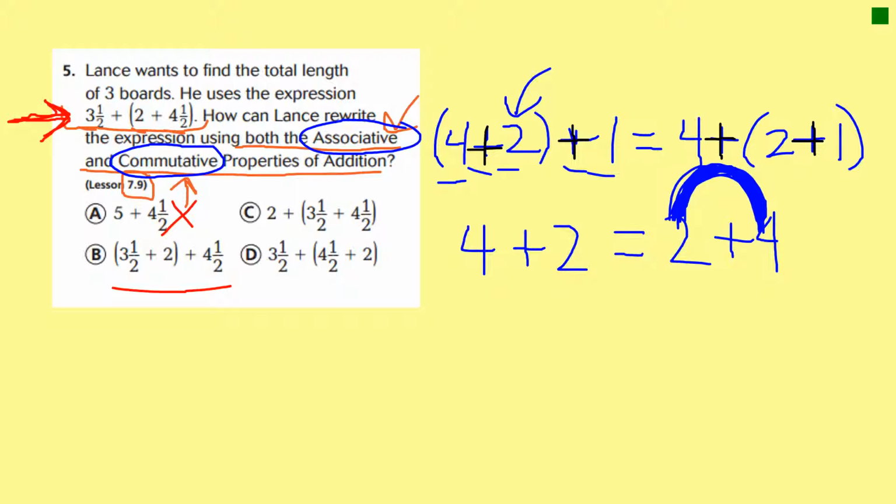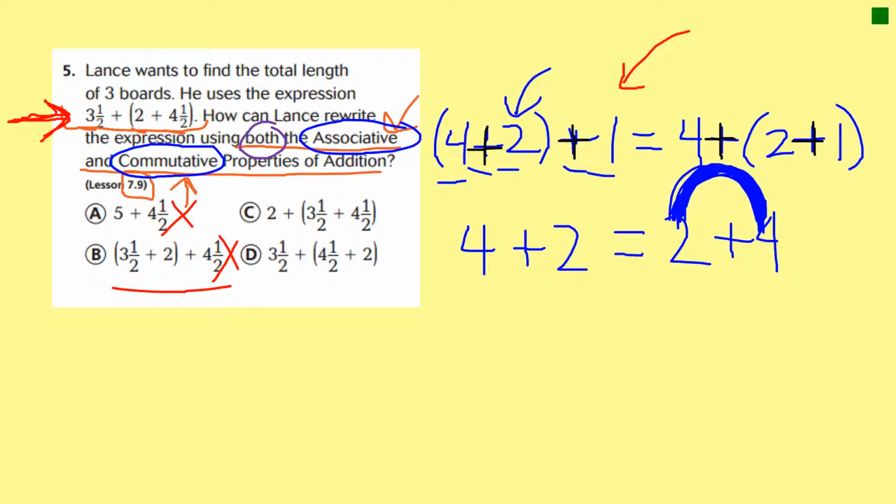Well, they moved the parentheses, didn't they, boys and girls? So they used the associative property. But they did not use the commutative property, did they? All of those numbers are in the exact order. So they only used one of those properties. And it says they want you to use both associative and commutative. So choice B, you are out.